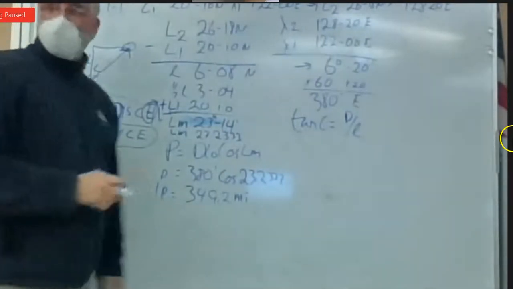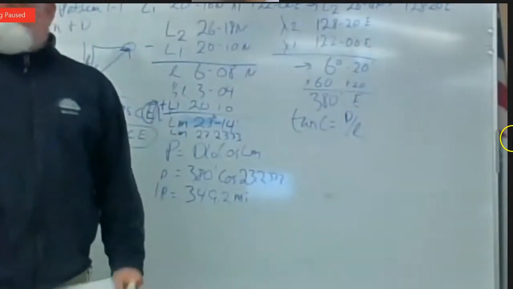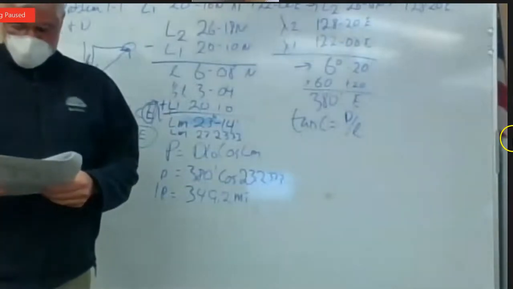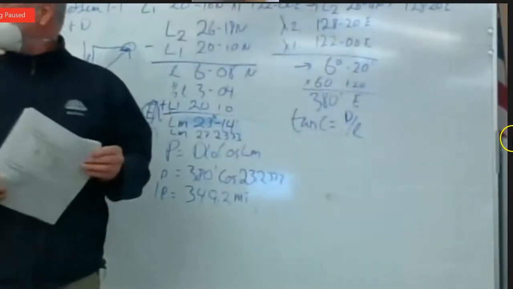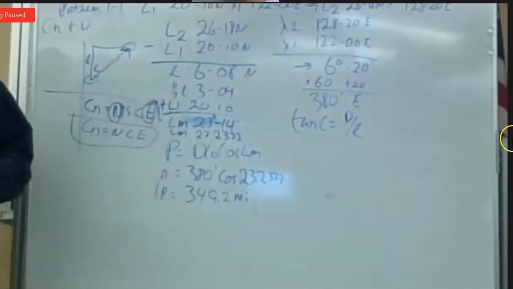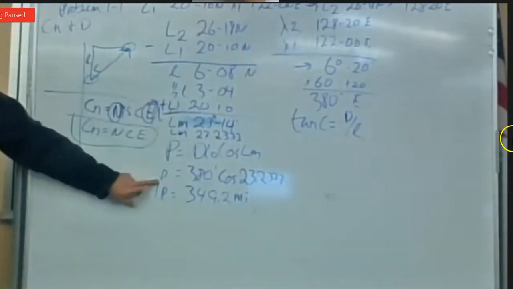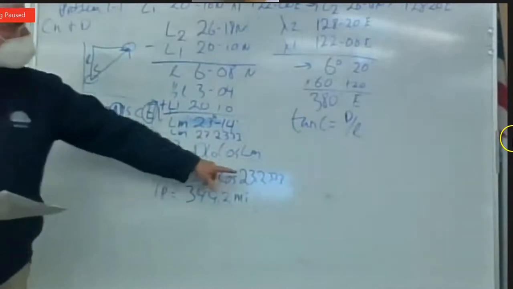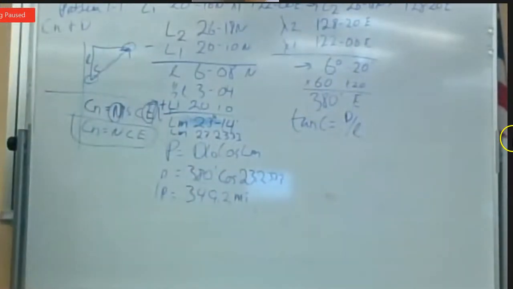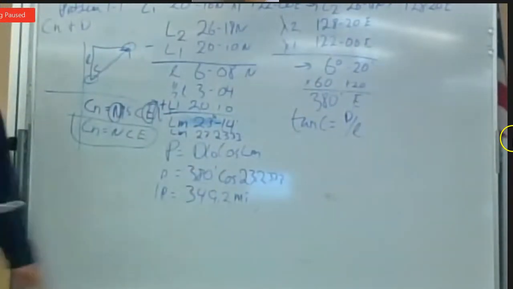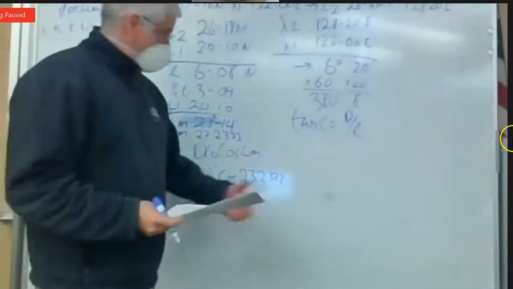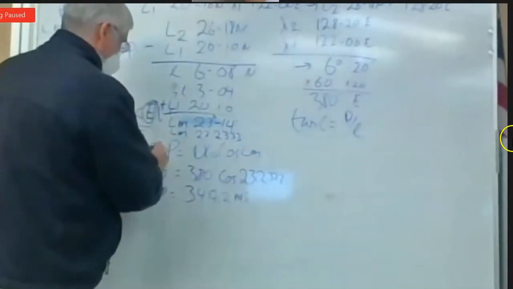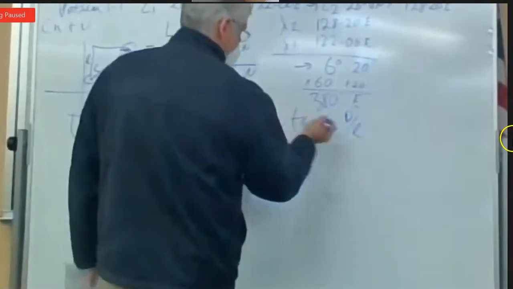Where did 349 come from? I did 380 times the cosine of 23.2333, and I got 349.2. That was the first formula. Now I'm doing the second formula.